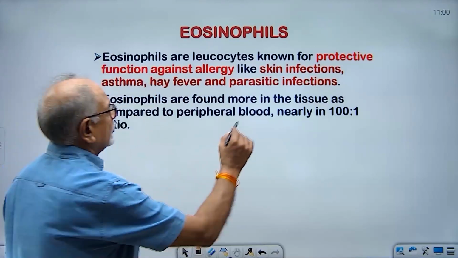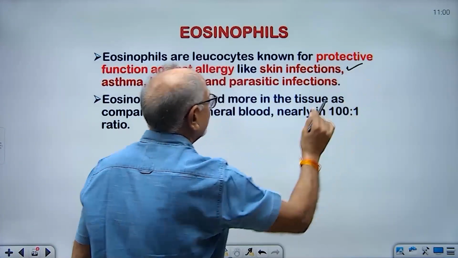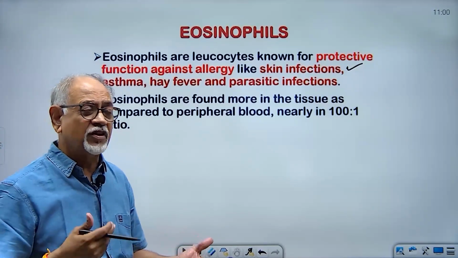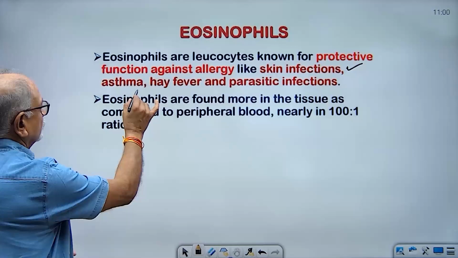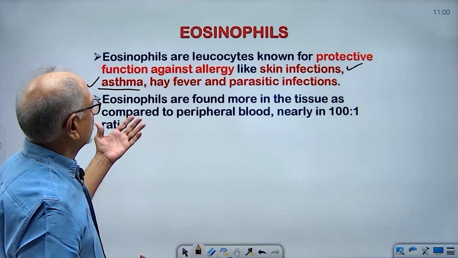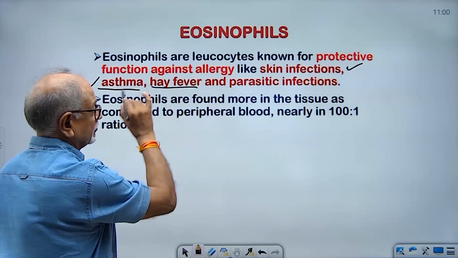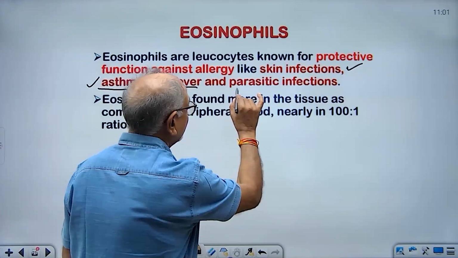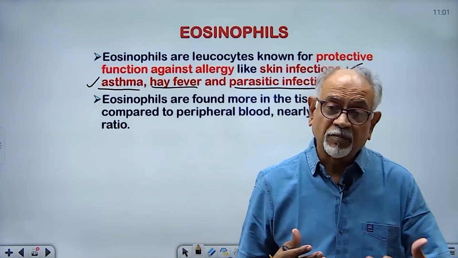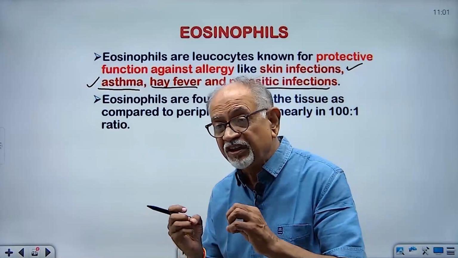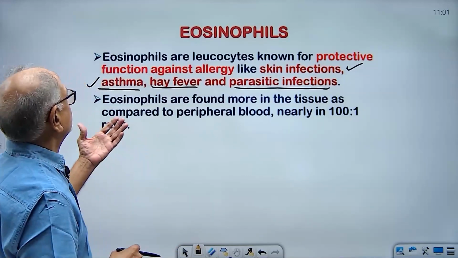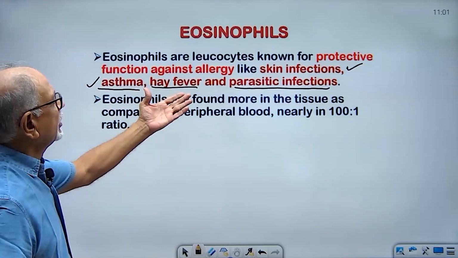Like when there are some skin infections, maybe fungal infection, maybe bacterial infection, or one may have bronchial asthma, then in case of hay fever, in case of parasitic infections, where there are intestinal parasites or other parasites in our body, they secrete certain chemicals which cause allergy.